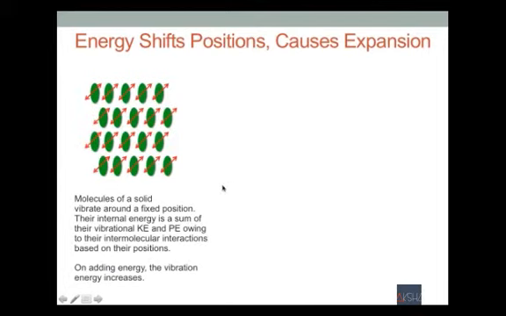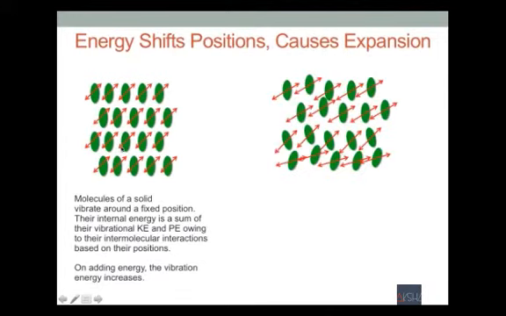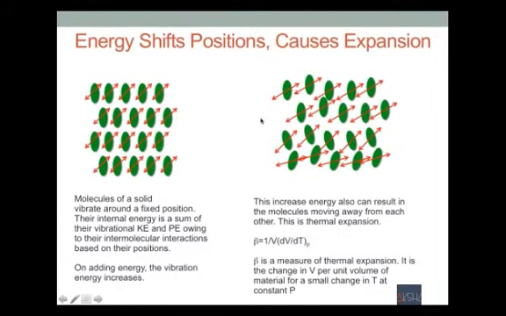So molecules of a solid vibrate around a fixed position. Their internal energy is the sum of their vibrational kinetic energy and their potential energy due to intermolecular interactions. On adding energy, we saw that the vibration and the rotation of these molecules increases, and they begin to vibrate more, and their fixed position becomes a little less fixed as they begin to gain energy.